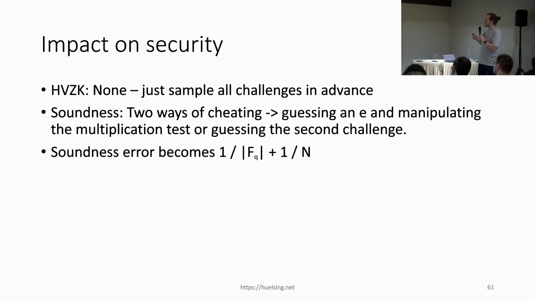What's a bit more nasty is that my special soundness definition becomes a bit vague. So we're currently working on a paper where we give a closed definition of this. In short, you cannot really give a special soundness definition anymore, because if I'm allowed to choose the full transcript, I can cheat this multiplication test.